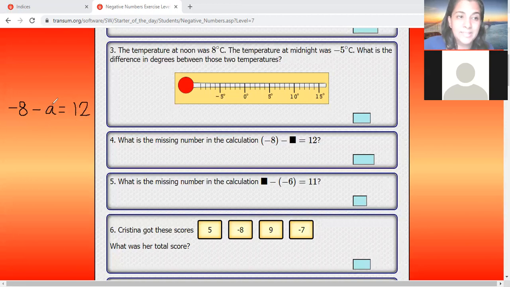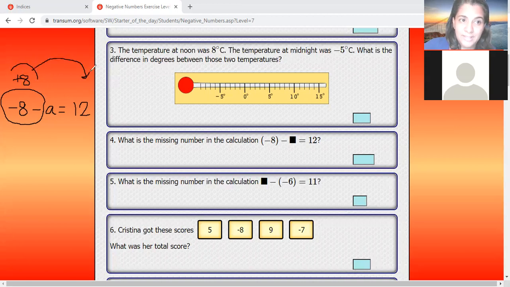Now I just want to find my A. If I want to find my A, I must make everything that's here disappear. So if there is -8 on this side of my equation, I must plus 8 so that the -8 will become 0. -8 plus 8 will become 0. And what I do on the left side, I must also do on the right side.